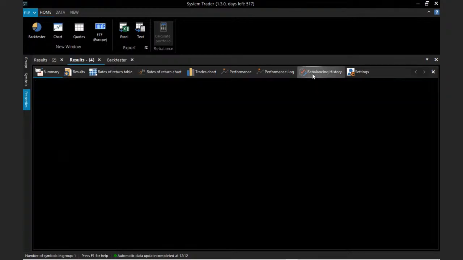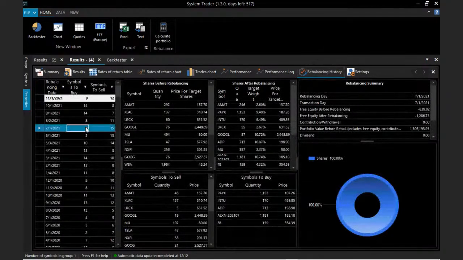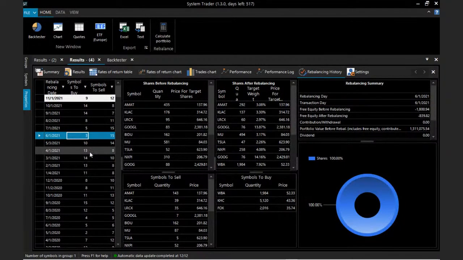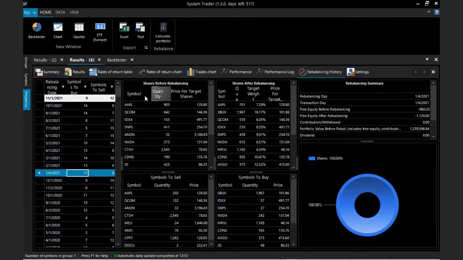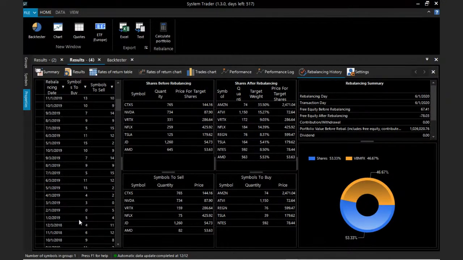How it works in reality, you can see here that each month you have a different portfolio with different stocks. So each month the software tells you what to buy. And for example, here you can see that we partially had bonds in our portfolio because there were not enough stocks with a high enough momentum.